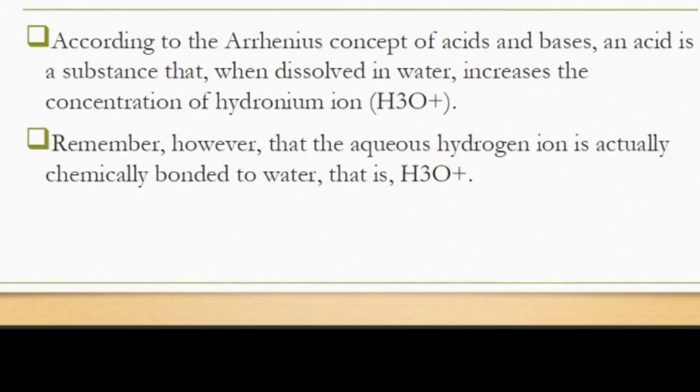So when an acid is dissolved into water, the hydrogen ion is produced. But the hydrogen ion cannot exist independently in the water solution. Why? Because when hydrogen loses its only one electron, it has only one proton left in its structure.